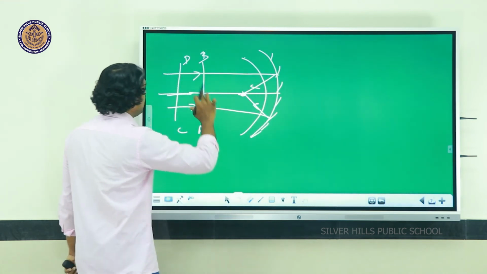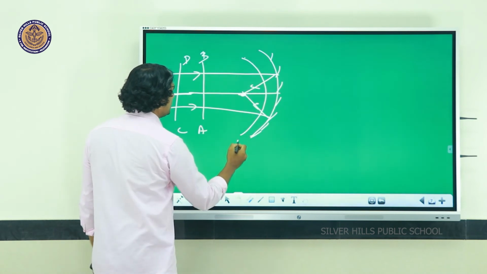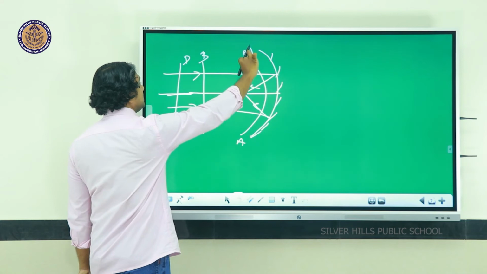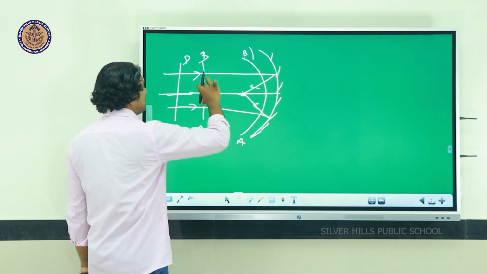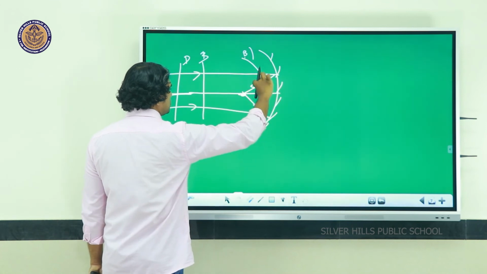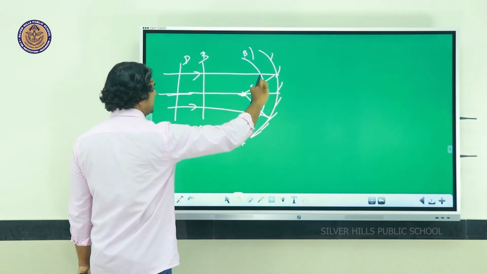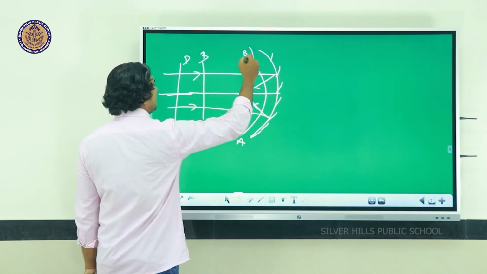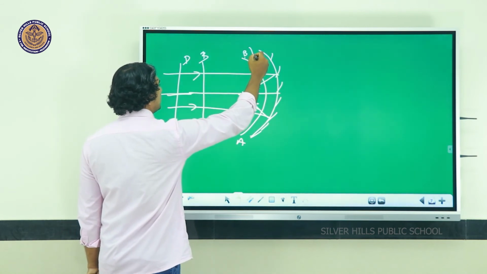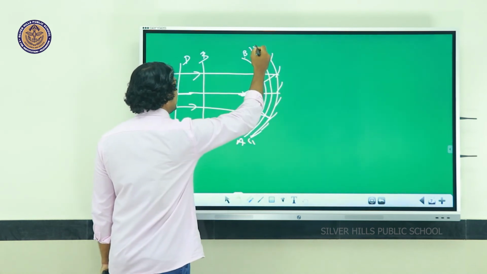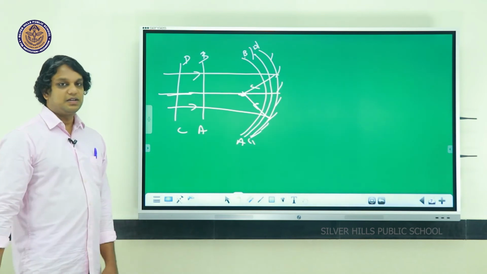So, I can say AB is first reflected, so that will be A dash B dash. You can see that this part is leading, and CD went inside and took some time to reflect, so the middle part of that wavefront is lagging. Then CD is also reflected, C dash D dash, like that.